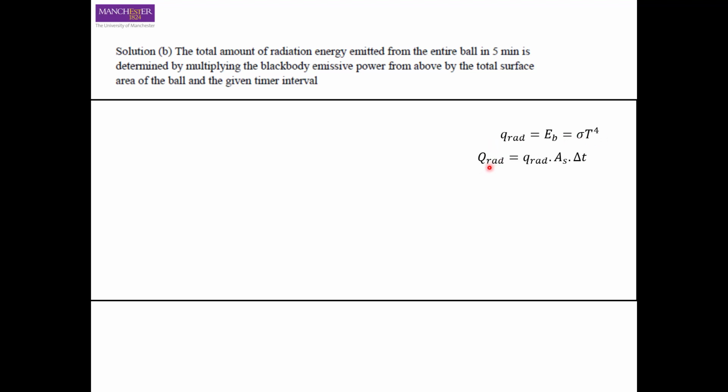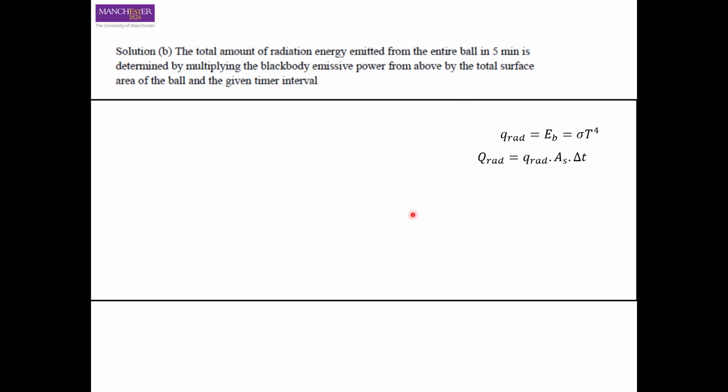And if we look at it in terms of the amount of radiation, not as the flux of radiation, we can calculate the amount of radiation from this flux by multiplying it by area. Because flux has area in the denominator, we have to multiply it with the area. And if we multiply it with the time, the delta time, we can calculate what would be the energy emitted in 5 minutes.